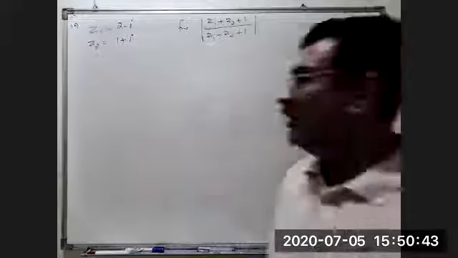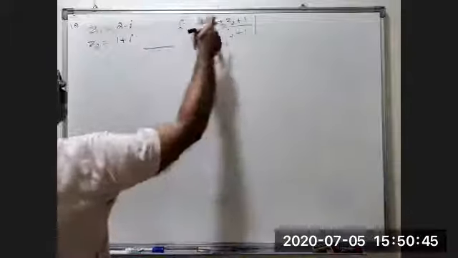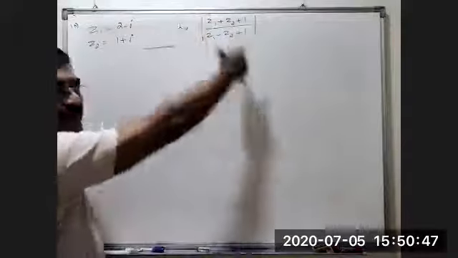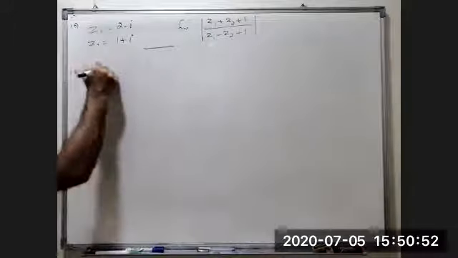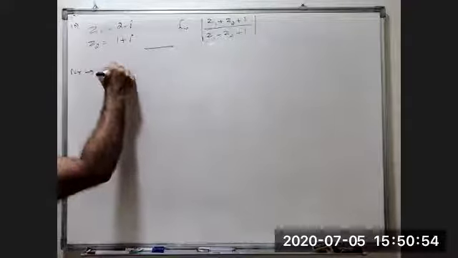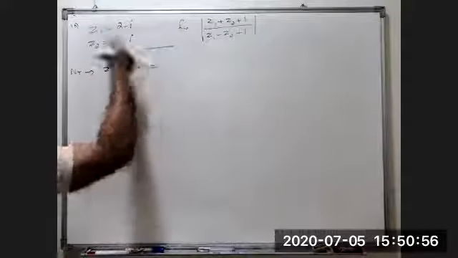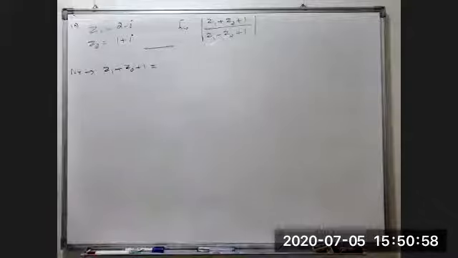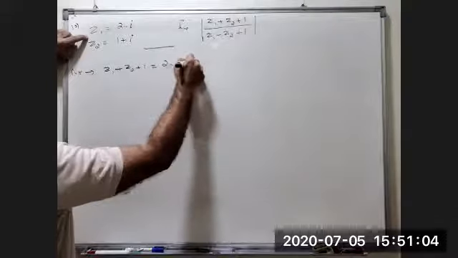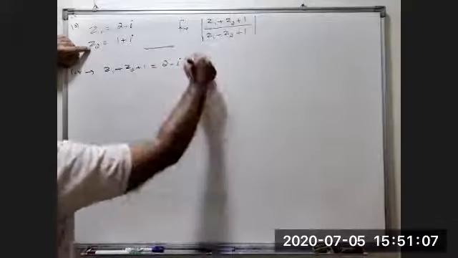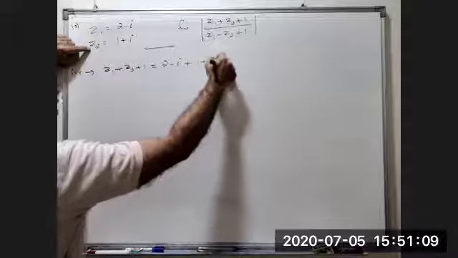It's very easy. Before finding the modulus, first we will find this complex number in standard form. So we will simplify numerator and denominator separately. Numerator: Z1 plus Z2 plus 1. Just put the values. Value of Z1 is 2 minus i, value of Z2 is 1 plus i, plus 1.